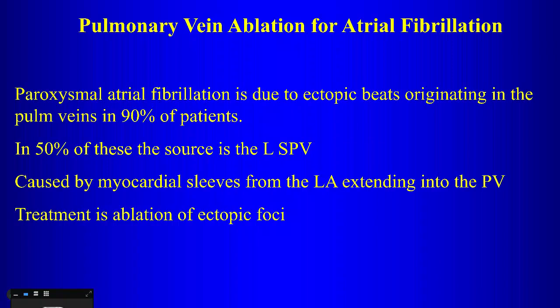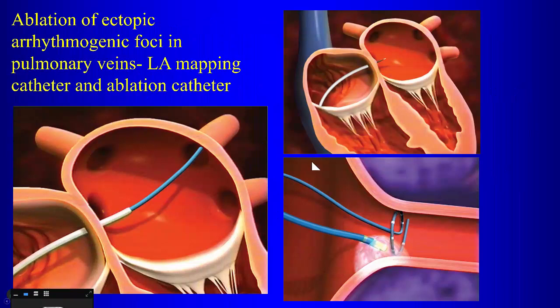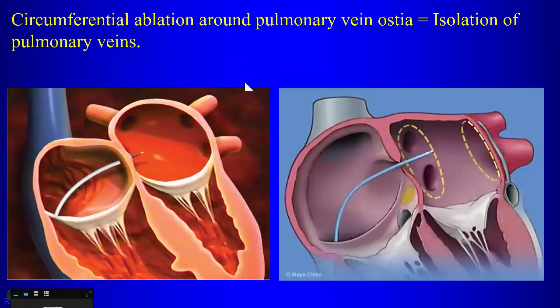So the treatment is to ablate the pathways for the ectopic foci to spread the conduction around the atrium. What that involves is the cardiologist goes across the intraatrial septum after getting into the right atrium, into the left atrium, and then instead of actually ablating inside the pulmonary vein, they ablate the pathways around the pulmonary veins so that if there are ectopic foci of activity, it doesn't spread to the rest of the left atrium.